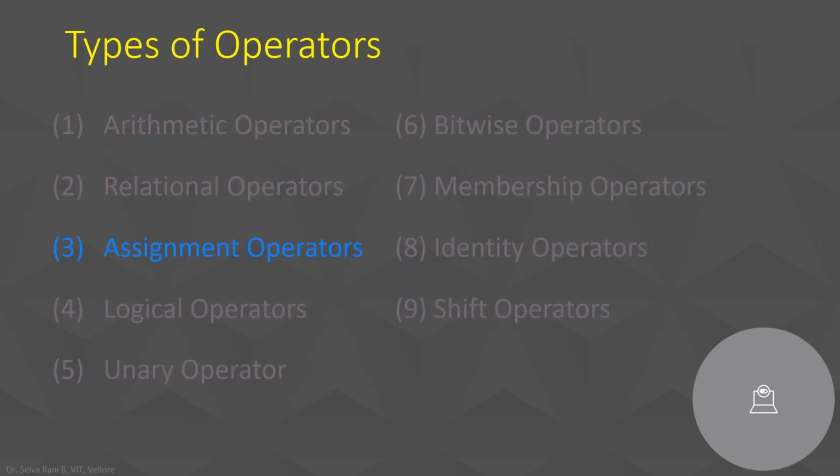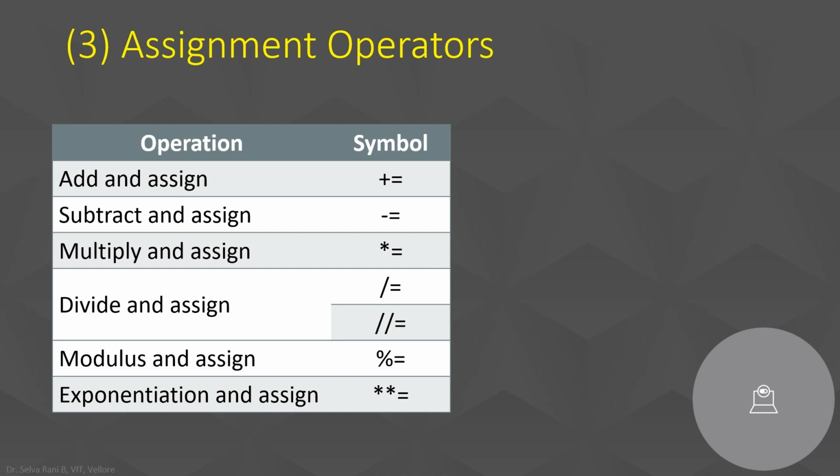And the third type of operators is assignment operators. Assignment operators help us to perform the arithmetic operations and assignments in a shorthand manner. Here are the operators. An assignment operator is combined with the arithmetic operator: addition, subtraction, multiplication, division, modulus, and exponentiation.